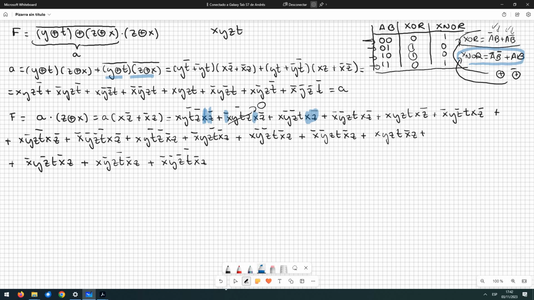Here we have the x negated and the x not negated and the c not negated and the c negated, so by the complementation law this is 0. Here we have this, so this is going to be 0 as well. Here we have again the x negated and the x, so it's going to be 0. Here we have the C and the C negated, which is 0.